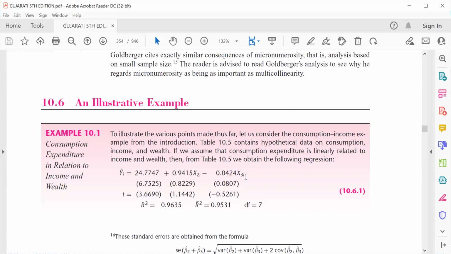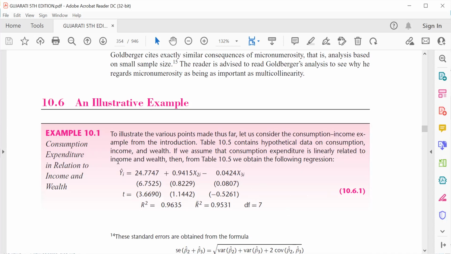To illustrate various points made thus far, let us consider the consumption-income example from the introduction. Table 10.5 contains hypothetical data on consumption, income, and wealth. It assumes that consumption expenditure is linearly related to income and wealth. From Table 10.5 we obtain the following regressions.